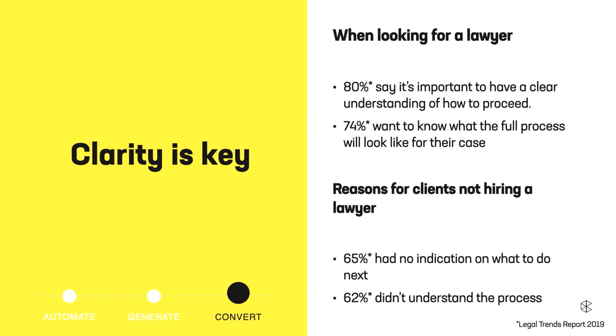We see 80% of clients looking for a lawyer say it's important to have a clear understanding of how to proceed. 74% say they want to understand what the full process looks like from end to end. And when you're looking for reasons not hiring a lawyer, 65% said they had no indication on what to do next, and 62% said they didn't understand the process. So it goes without saying, clarity is key, especially when it comes to communications.